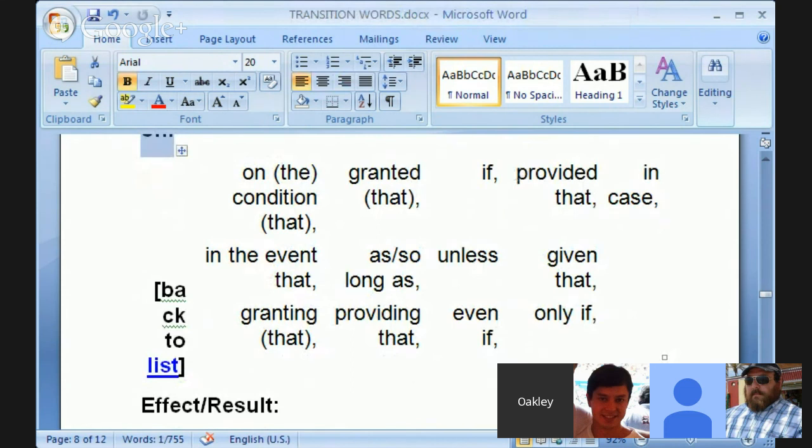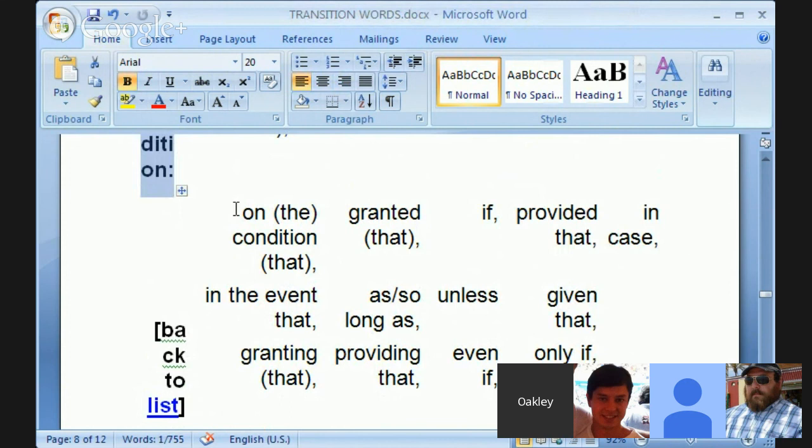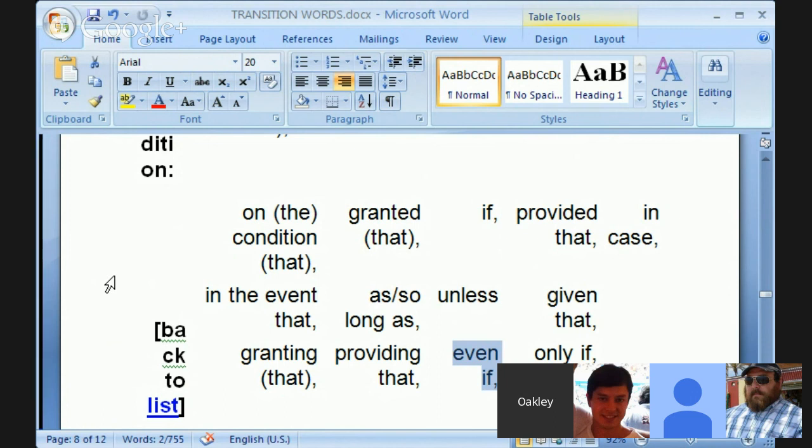Let's try this. Alejandra, can you try using one of these phrases, on the condition that, or just a simple if phrase, or even if, only if. If I win the lottery, I can rest.